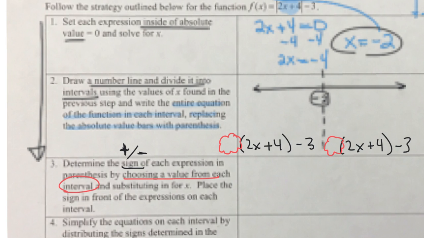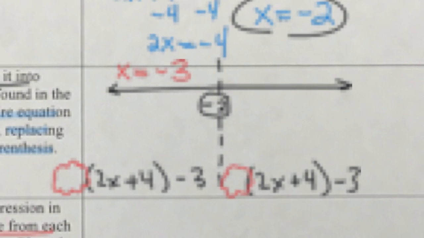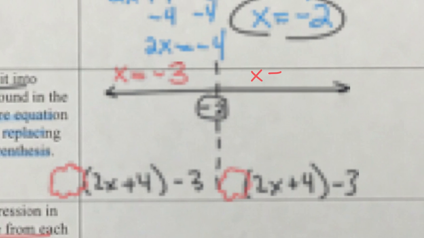So pick a number less than negative 2. Negative 3 is definitely a number less than negative 2. In addition, pick a number that's greater than negative 2. Negative 1, or I'm going to pick 0. I love doing math with 0, but negative 1 would work as well. Positive 1 would work, 92 would also work. Any number greater than negative 2 will work.